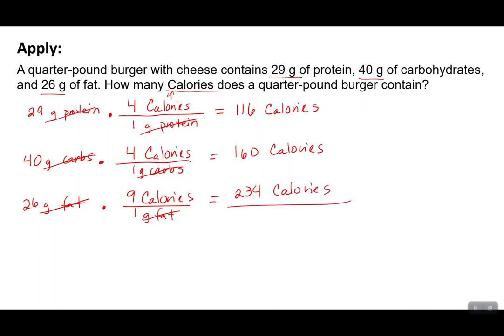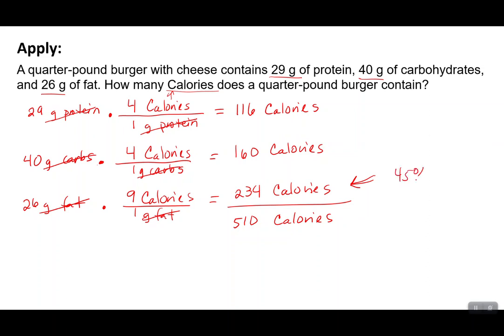So if we add this all together, we get a total of 510 calories. So if you consume your 1/4 pound burger, you will be consuming potentially 510 calories, where if the proteins, carbs, and fats are catabolized and turned into ATP, you would expect to get about 510 calories of energy. So notice here that the majority of your calories are coming from fat, or not the majority, it's about 45%.